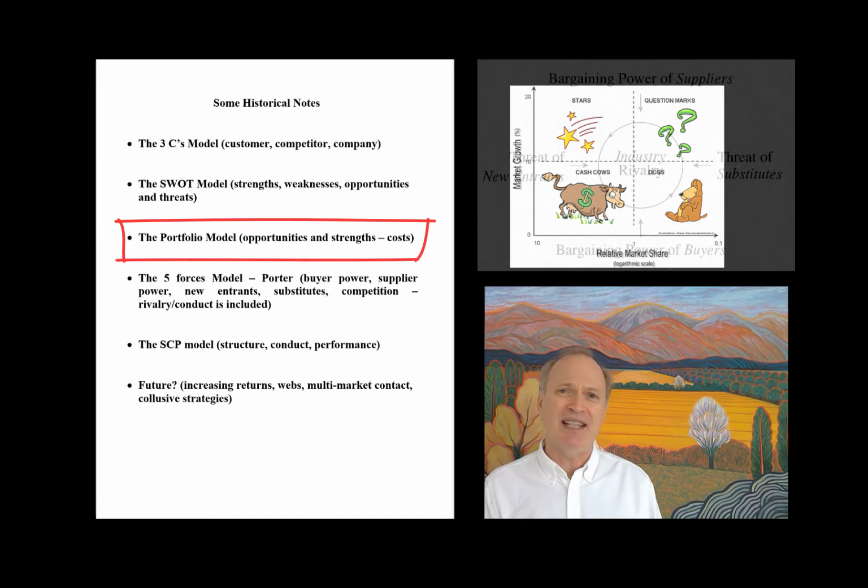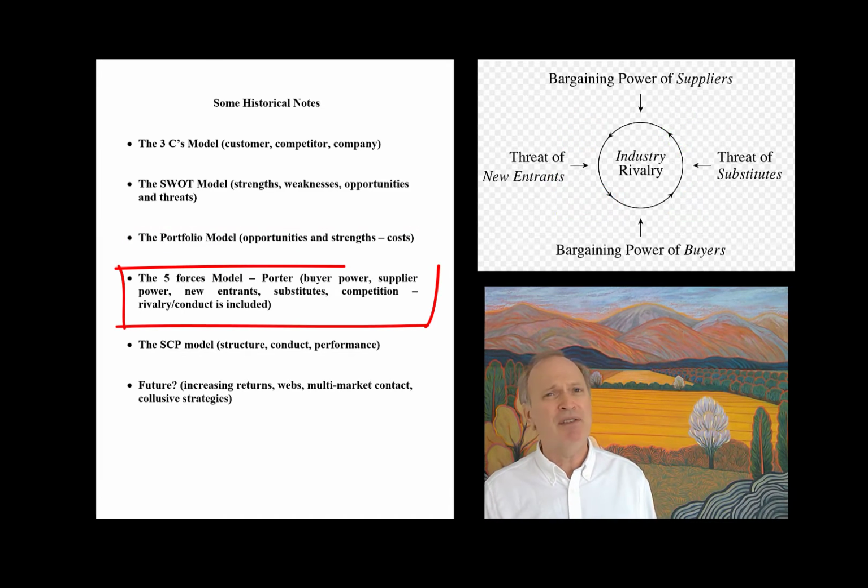Let's fast forward to the 1975 era, 1975 to 1990 or so, and we had this dominating philosophy of Michael Porter's 5 forces. This was a wonderful, and still is a wonderful framework to think about why some competitors or industries make more money than others.